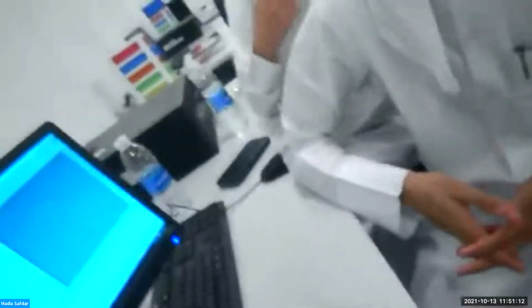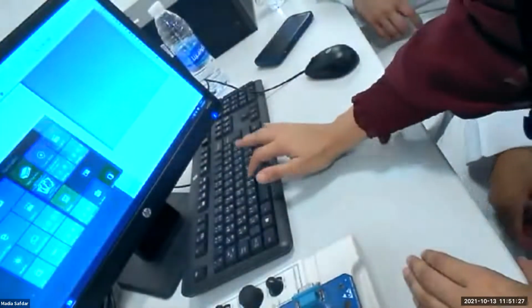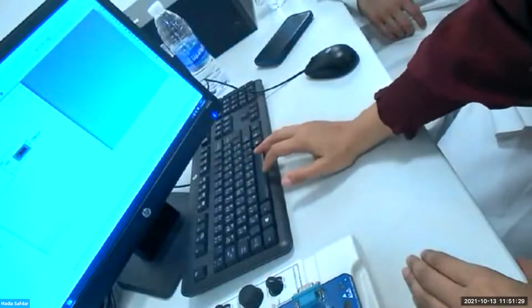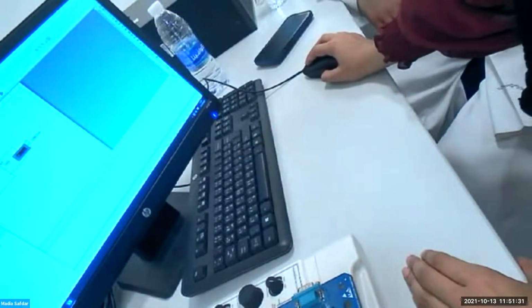Then if you can see this monitor here, go to the start. NI, so NI always. This we will open.